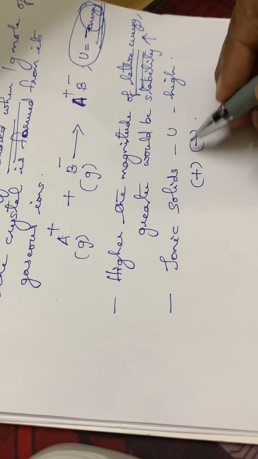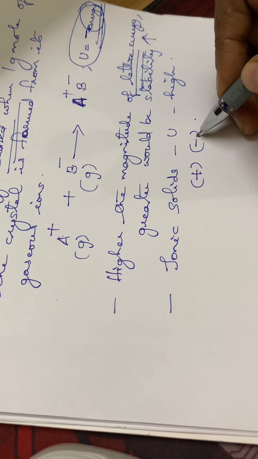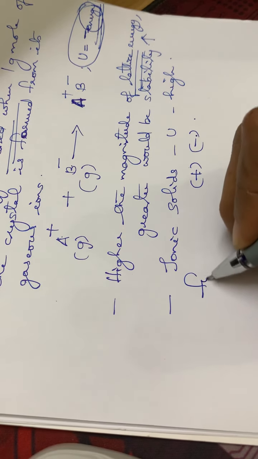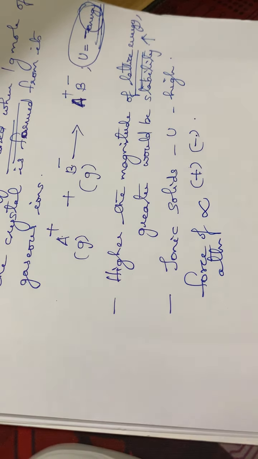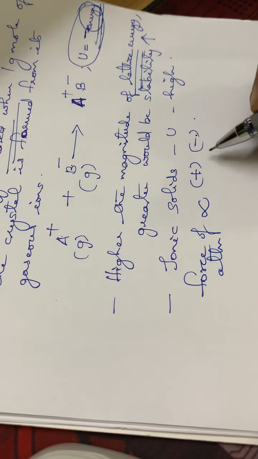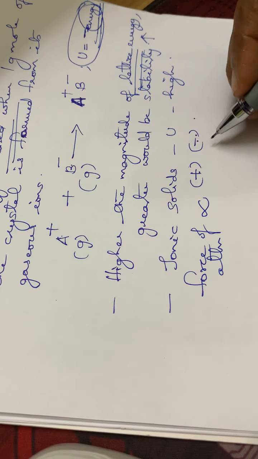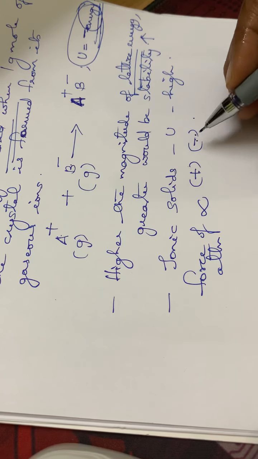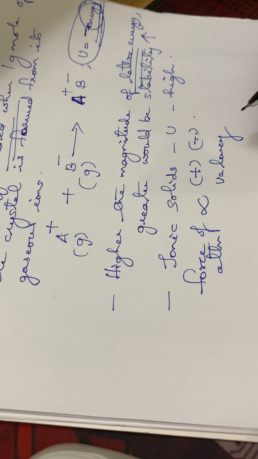These ionic solids have positive and negatively charged ions. And usually the force of attraction will be directly proportional to the product of their charges, isn't it? And this product of the charges should be proportional to the valency of the ions, isn't it?